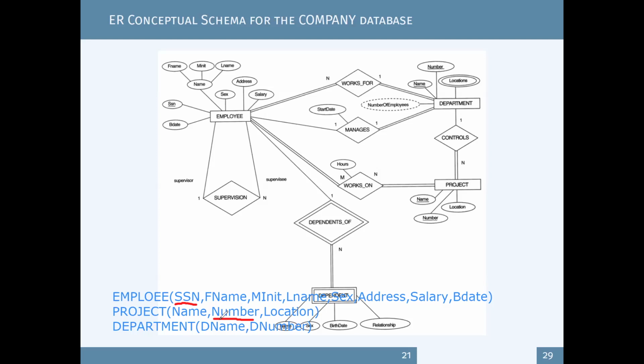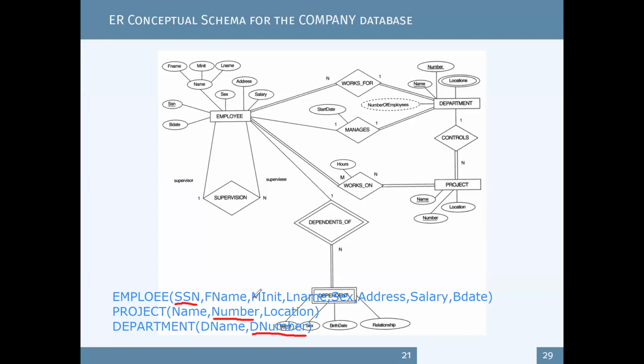You take one. So this is unique. Take the department. Department also the same. Right now we have department name, department number, both can be taken, but only one. So let me use number because it's easier. But the correct answer is you can use either department name or department number.